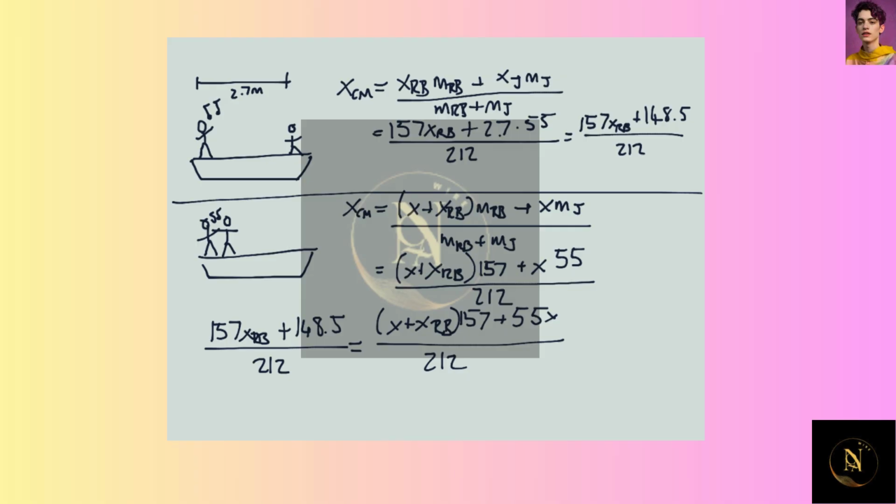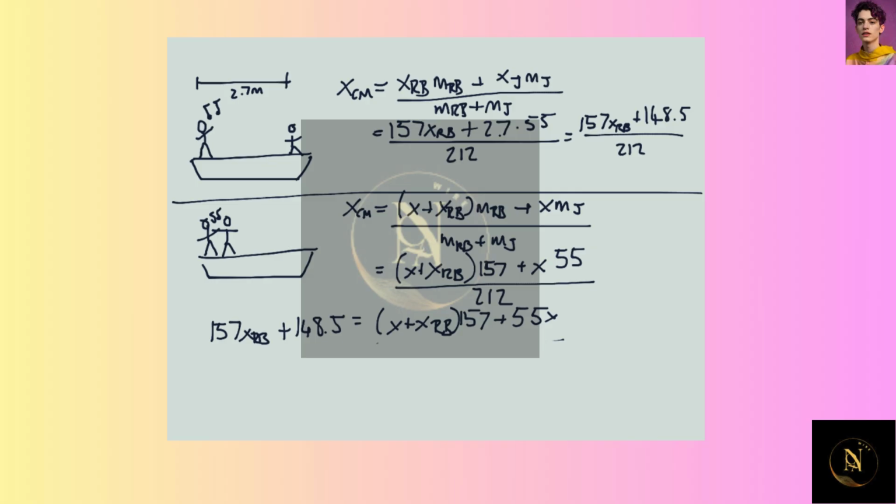Fortunately for us, both denominators contain 212. So I'm going to remove those because we do not need to have a division now. So we are left with the following equation.